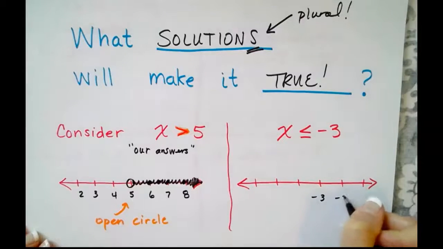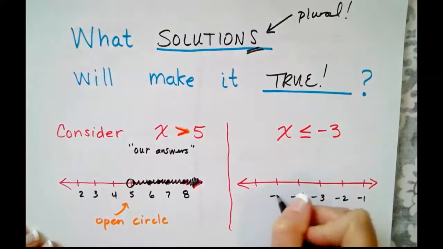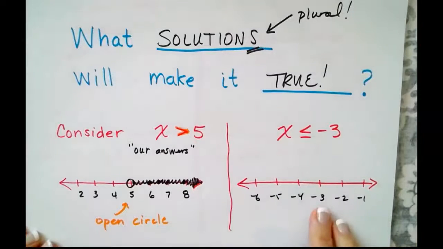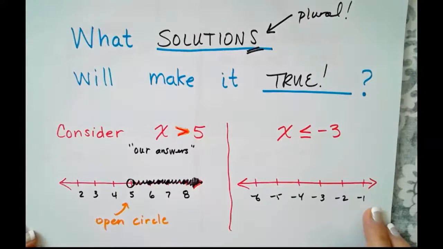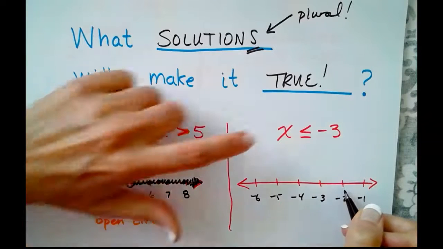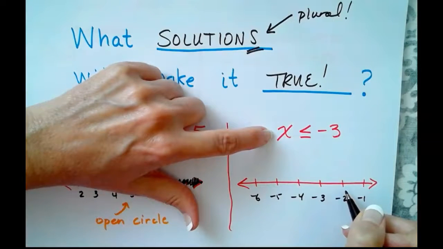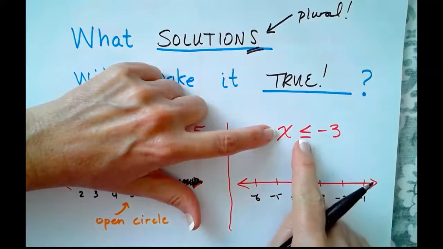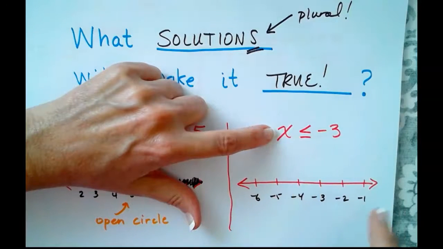So negative 3, negative 2, negative 1, negative 4, negative 5, negative 6. I'm just putting negative 3 basically in the middle. You're going to label your number line in order to meet your needs. So is negative 2 in our solution set? Is it one of our answers? Is negative 2 smaller than negative 3?